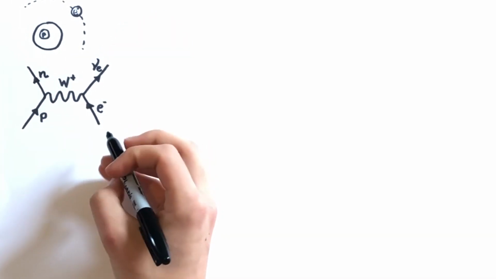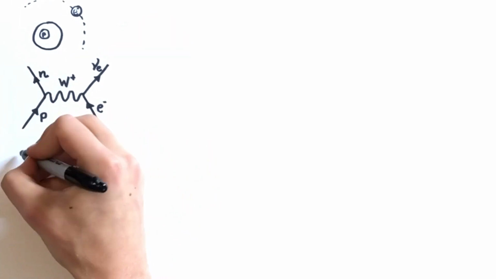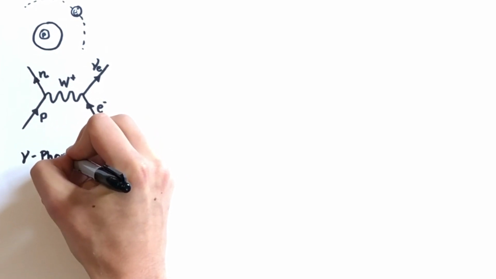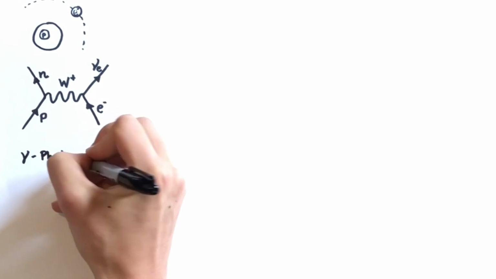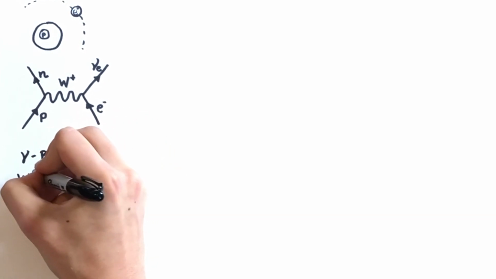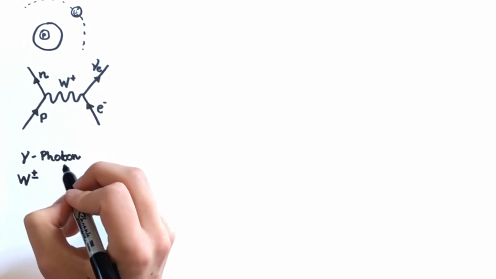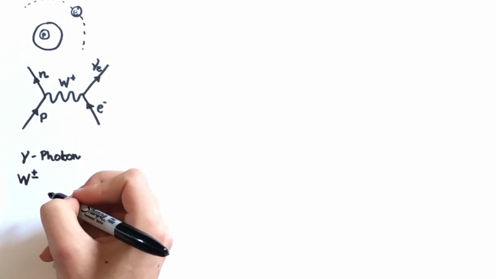So in summary, we have the photon, which is the force carrier of the electromagnetic interaction. We have the W plus or minus boson, which is the force carrier for the weak interaction.